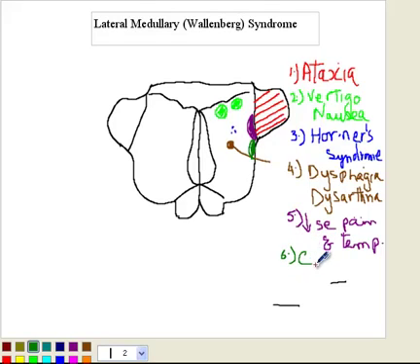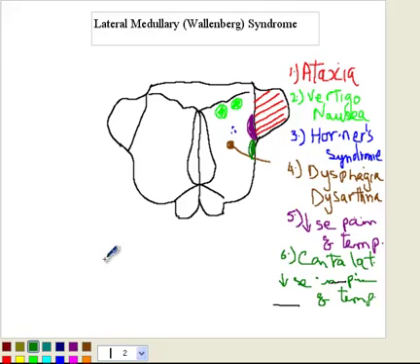So it gives you contralateral decrease in pain and temperature. Let me just fix my spelling here.